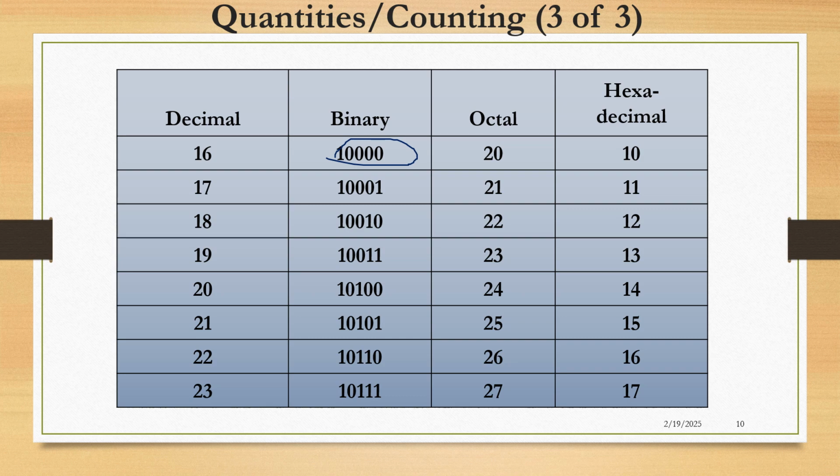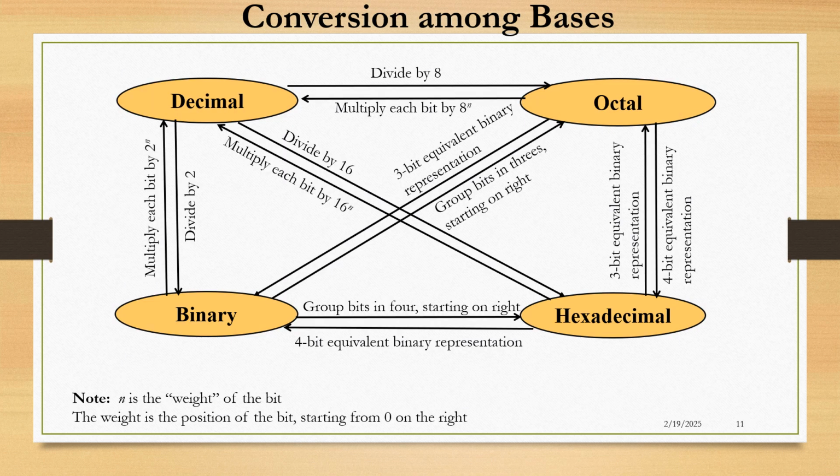After this F, because the decimal value 15 is represented by F, when we add 1 to F, we get 0 and a carry of 1. So that's how we get the numbers.